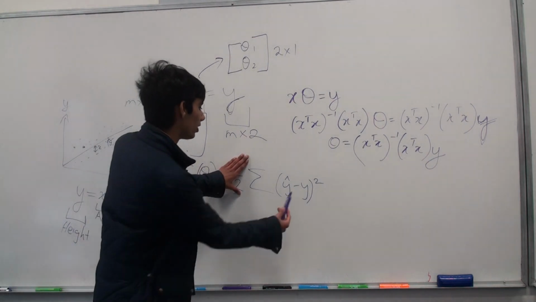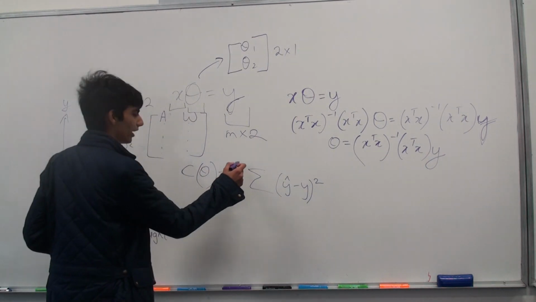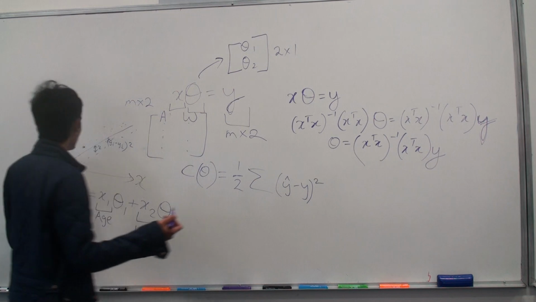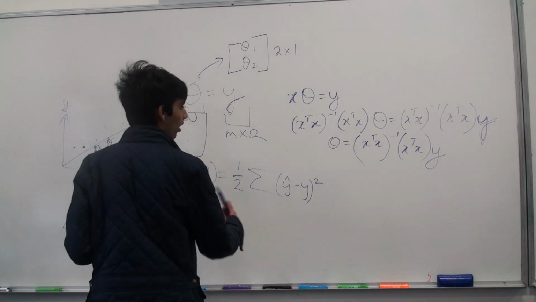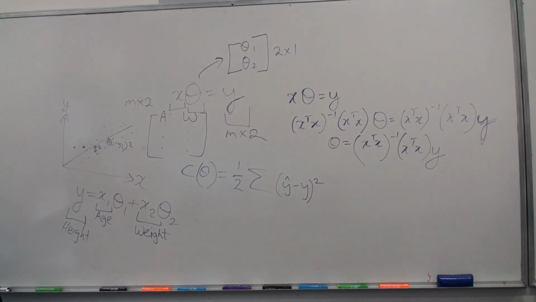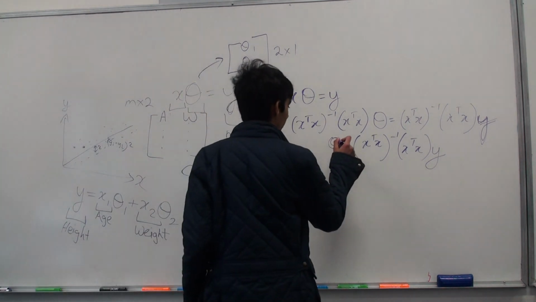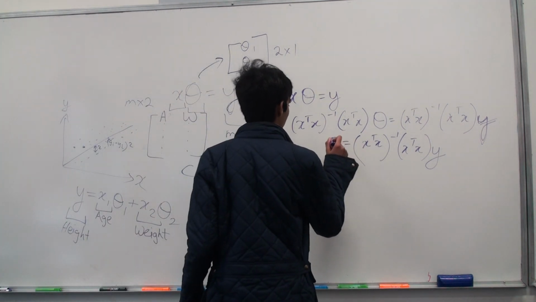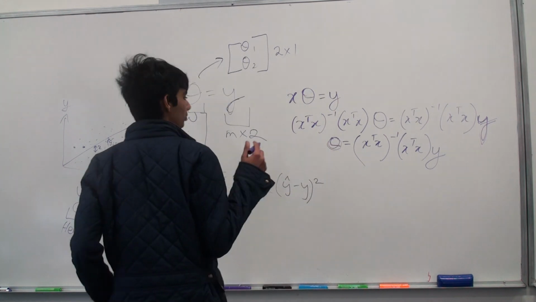This would be the squared error. The mean squared error would be 1 on m, where m is the number of data points, but we'll just take half to make it simpler for us. So that's essentially linear regression.